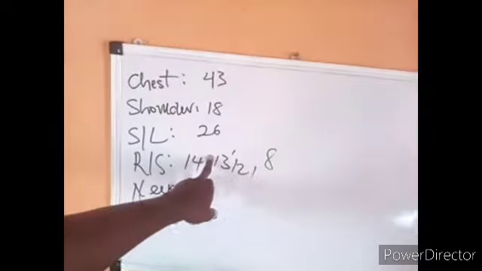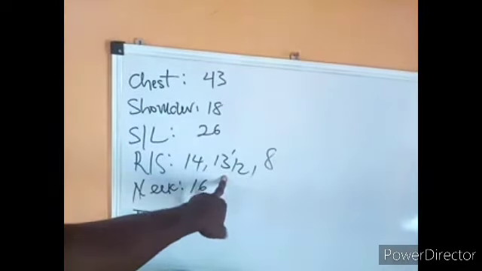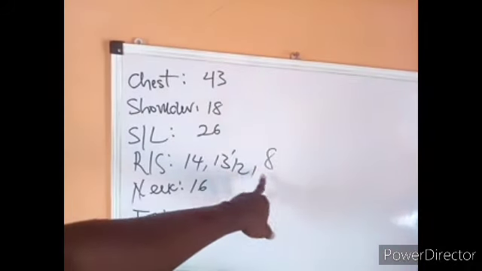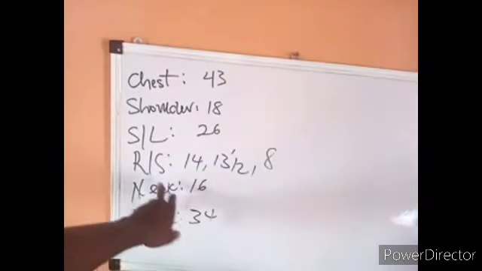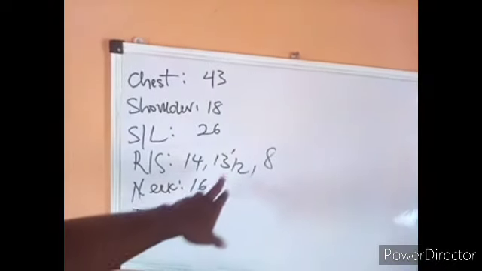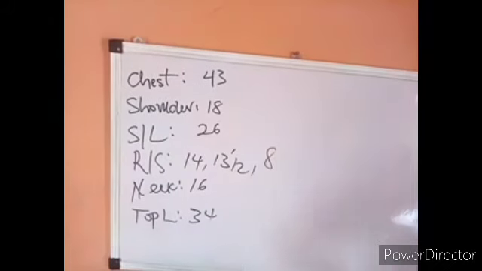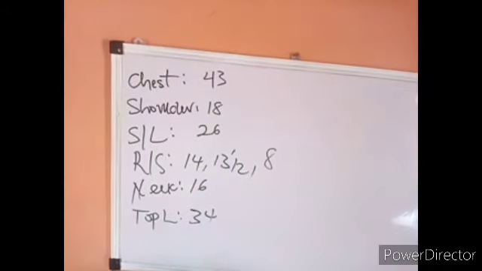So right here, this is 14 for the biceps, this is 13.5 for the elbow area, and this is 8 for the fist. So at this round sleeve, this is a formula or the way you must write your own. Now the neck is 16, top length is 34. So this will be the parameter we are going to make use of in cutting our Ankara.